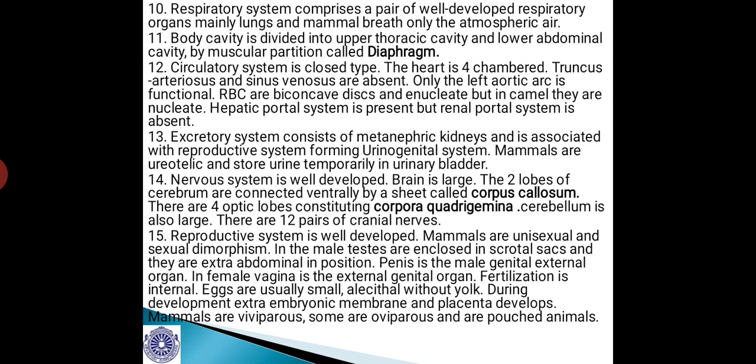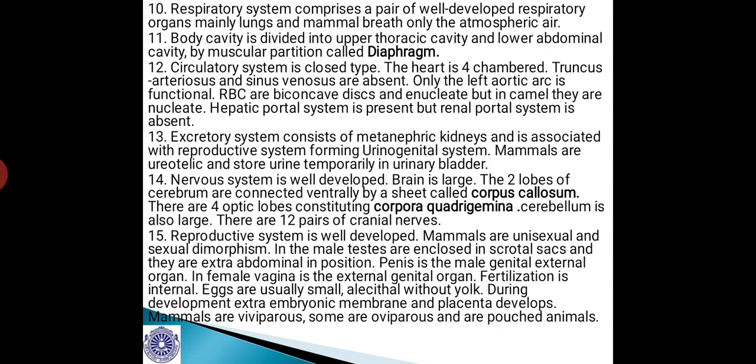Then respiratory system comprises a pair of well-developed respiratory organs, mainly the lungs. And mammals breathe only atmospheric air. So though there are some secondarily aquatic animals like dolphins and whales, and though they are mammals, they are secondarily adapted for aquatic mode of life, and even though they are aquatic, they exhibit respiration through the lungs.